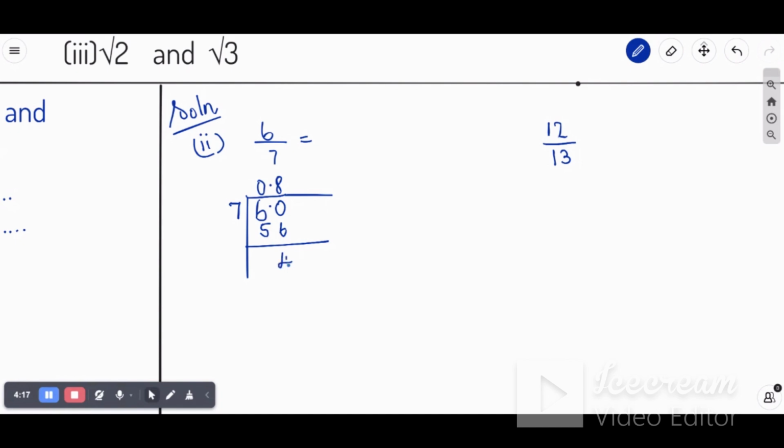Then you get a 4 here, 40, and 7 5s are 35. So we put a 5 here, it is 35, and then 5, then 50, and 7 7s are 49. Then you will get a 1 here. This is enough, let's stop here. So this is 0.8571. Let's write it here.